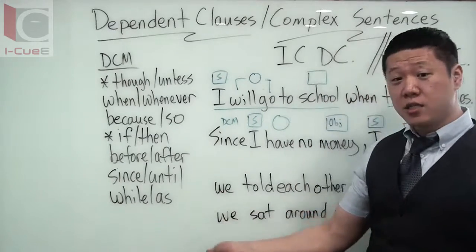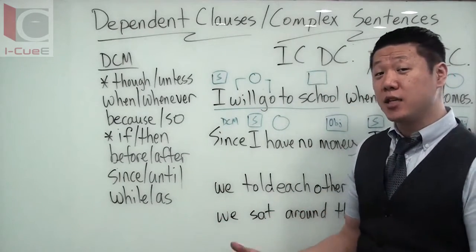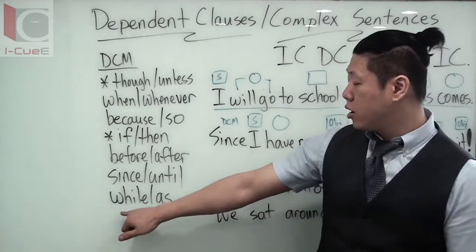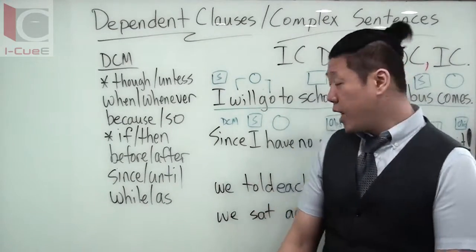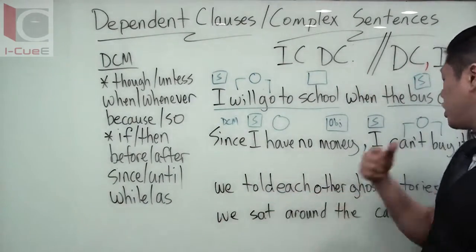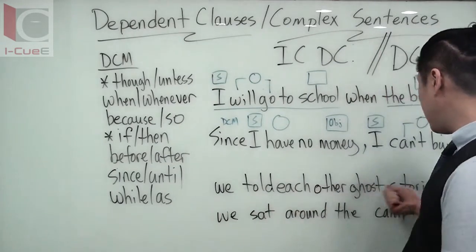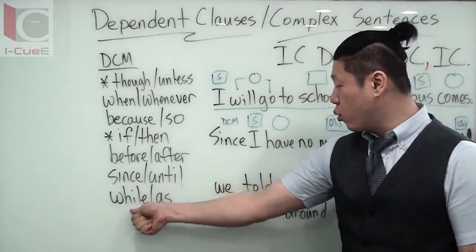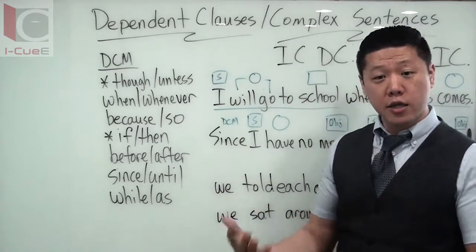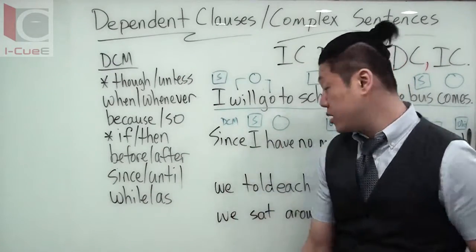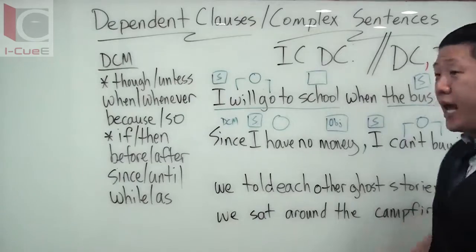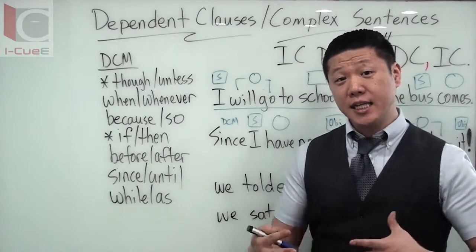Any of these could be turned into a dependent clause. Let's say I want to use the word while. Okay? I could say, while we told each other ghost stories. This is an independent clause, but if you add this word, or any of these words, this becomes a dependent clause. Same thing. While we sat around the campfire is now a dependent clause.